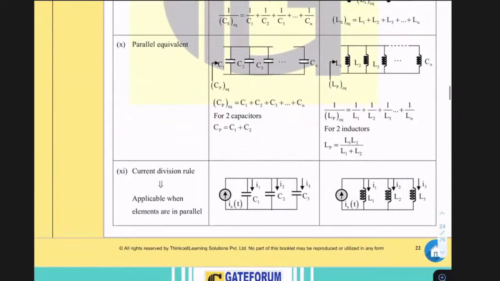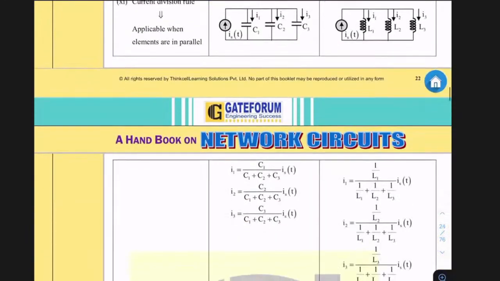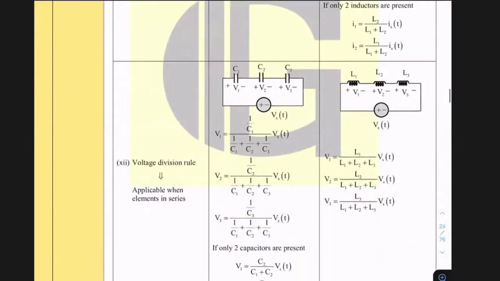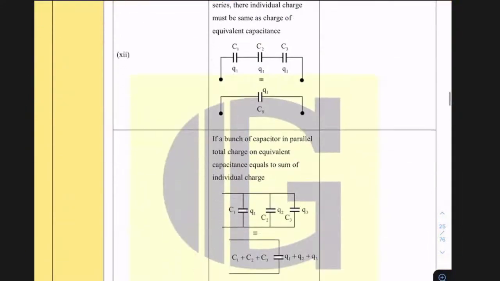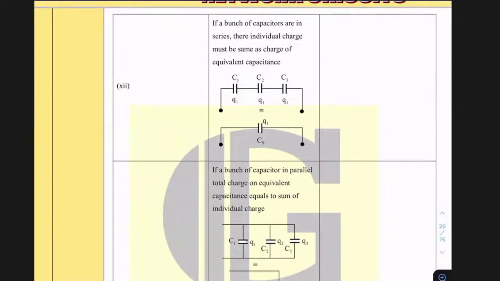This is the corresponding current division rule and voltage division rule with respect to inductors and capacitors. One important fact is that whenever a bunch of capacitors are in series, the individual charge must be the same as the equivalent charge. If you have capacitors C1, C2, C3 in series, their charge must be the same. You cannot have Q1, Q2 and Q3.